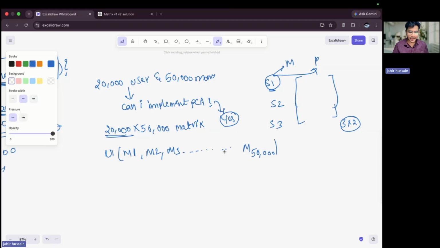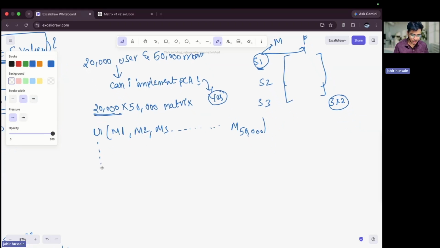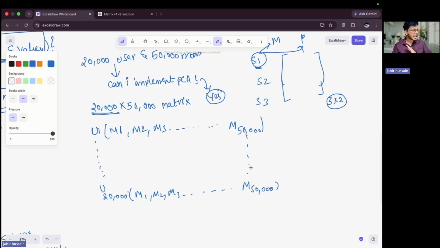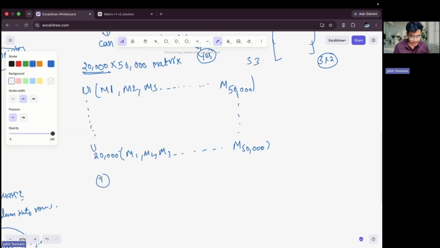If you consider this, you will end up having 20,000 points, and each point has movie 1, movie 2, movie 3 values, up to movie 50,000. Now you can implement PCA here perfectly, but the problem is, first let me tell you, observe the covariance matrix.